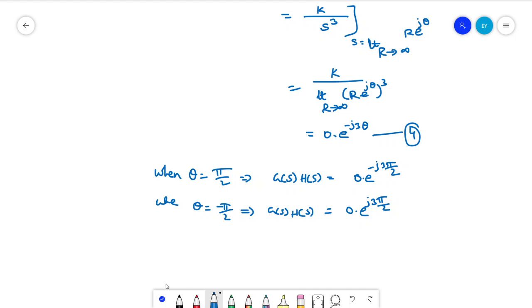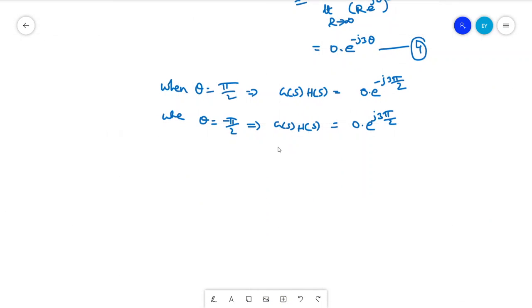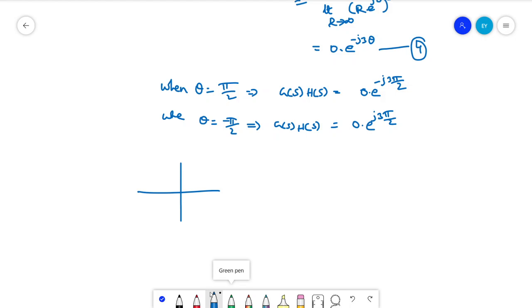Okay, if you draw the contour for this one, if you draw the locus for these particular points, how will the contour become? So this is the function, pi by 2, minus pi by 2, j omega, s plane.